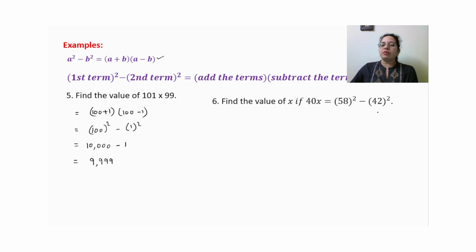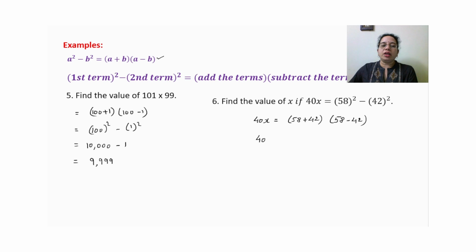Now same thing again we are going to use, but the way of asking question is different. Here you can see that 40x is equal to, how can you write down 58? You can write as 58 square minus 42 square, a square minus b square. It means we can add the terms in one bracket, and in another bracket you will subtract the terms.